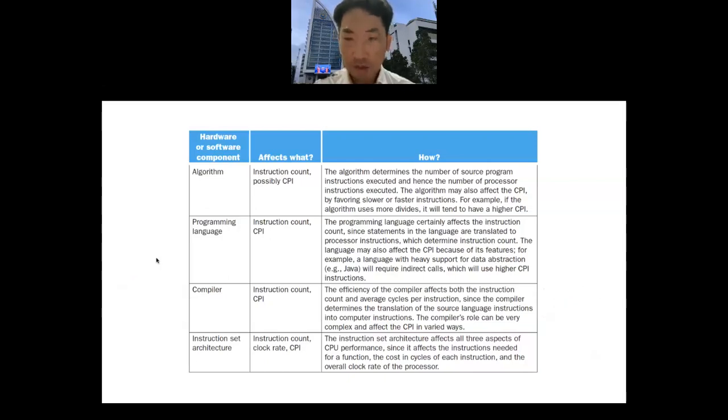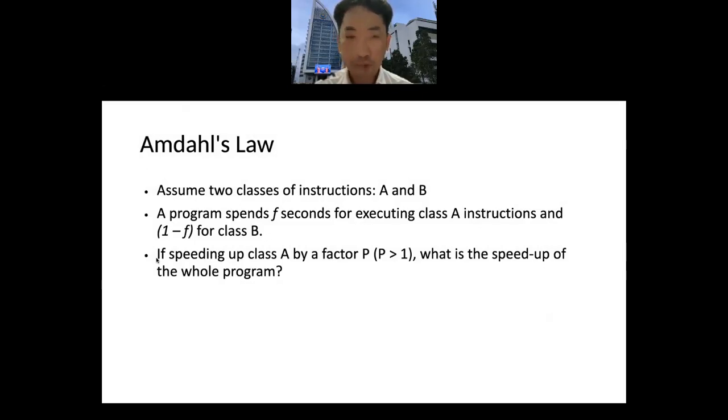Okay, we are going to look at a new topic here. Previously, we discussed computer performance, and we can compare one computer to the other. Now, let's say we have one computer and we would like to improve that computer.